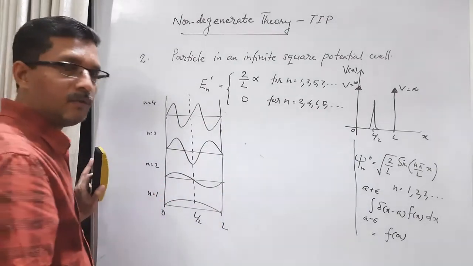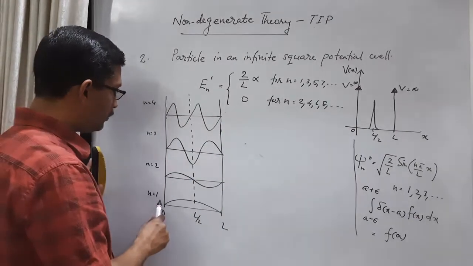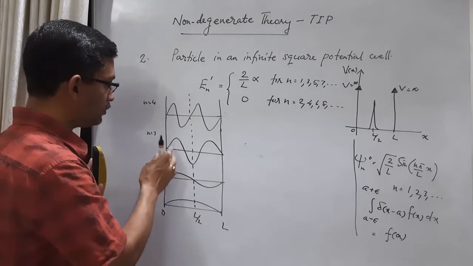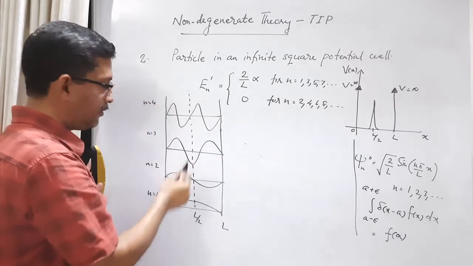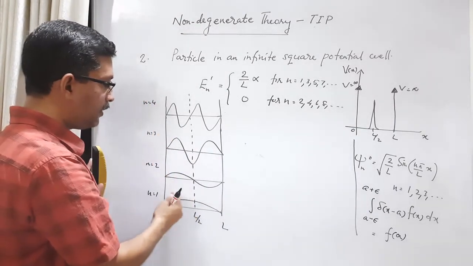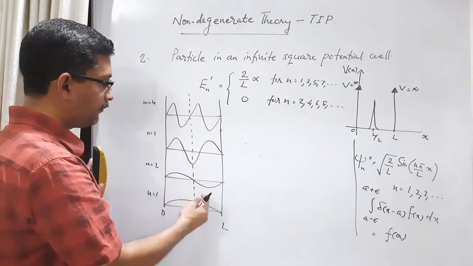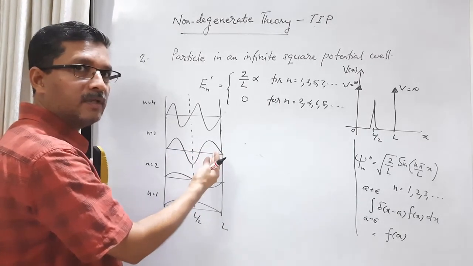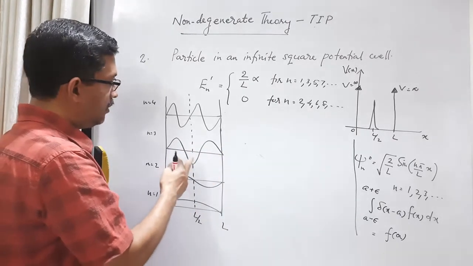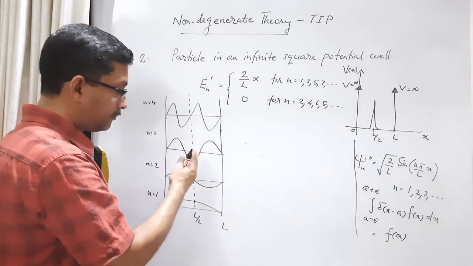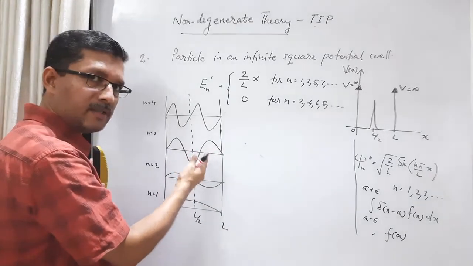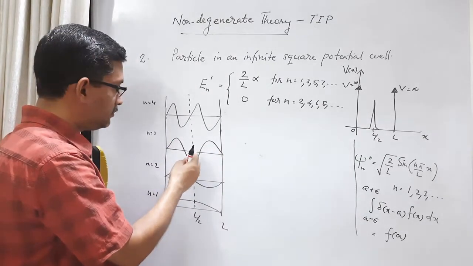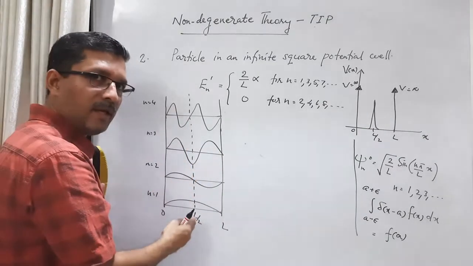Now you can see that for n equal to 1 and n equal to 3, similarly n equal to 5, for odd values of n, the wave function is symmetric about x equal to L by 2, symmetric about the middle of the box. In other words, it's an even function.